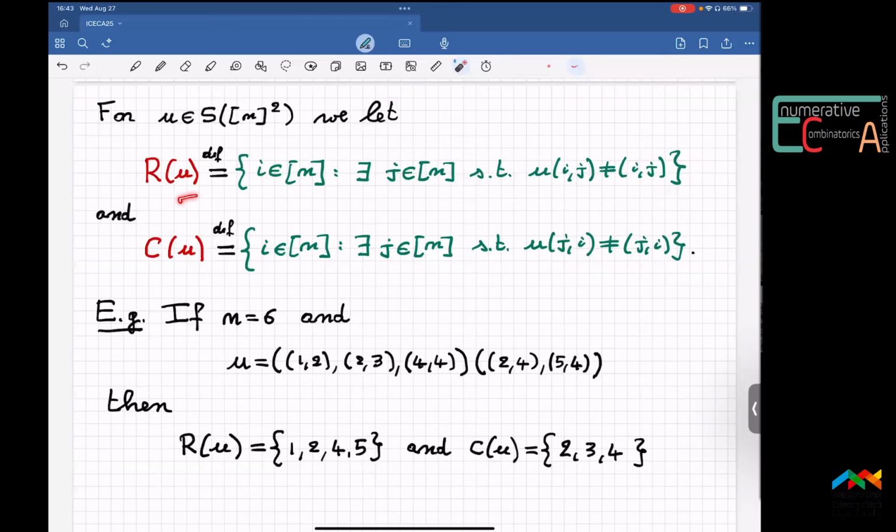In other words, if i is not in R(u), then all elements in row i are fixed points of u. And similarly, i is in C(u) if there is at least some element in column i that's moved by u.